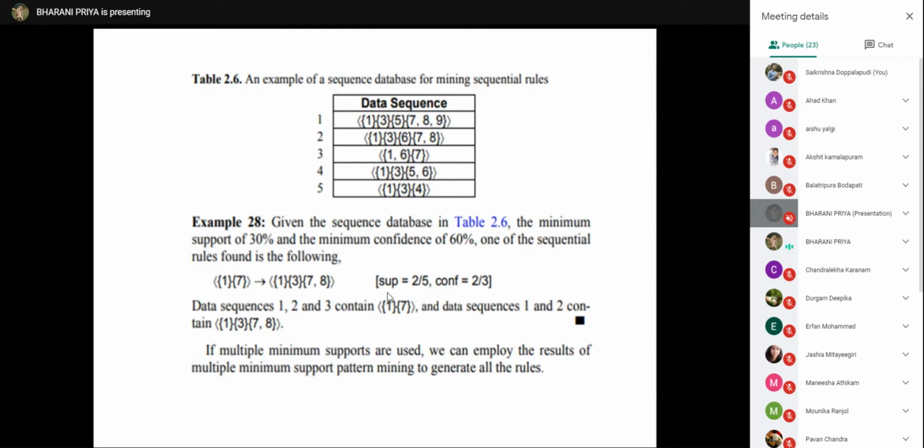So you calculate support for the conjugate, whereas confidence you calculate for the entire rule. 17 is there in 3 sequences, so the denominator is 3, and 137 is contained in 2 tuples, that is 2 by 3.